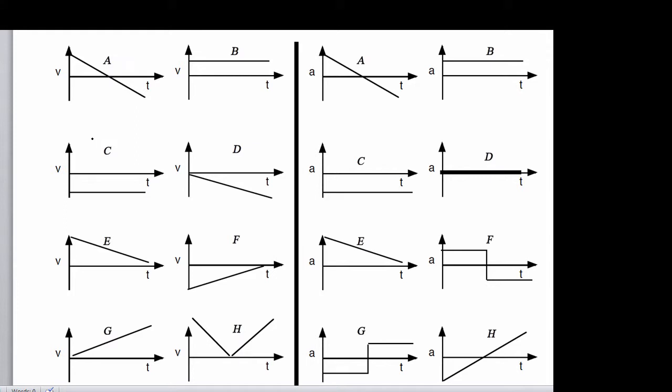Since the slope stays constant, then the acceleration time graph would be a straight line. Yes, but what can you tell me about the slope of D? It's a negative slope, right, Derek? You look at it, you say it's a negative slope, constant velocity. So it's got to be a negative constant acceleration, right? So which one? You chose C, right?